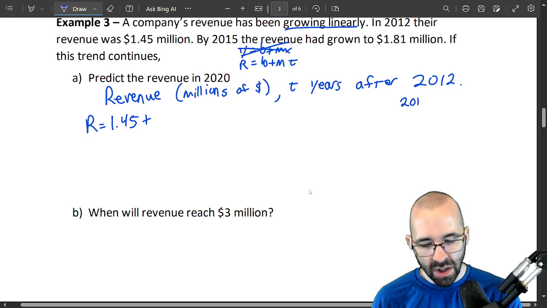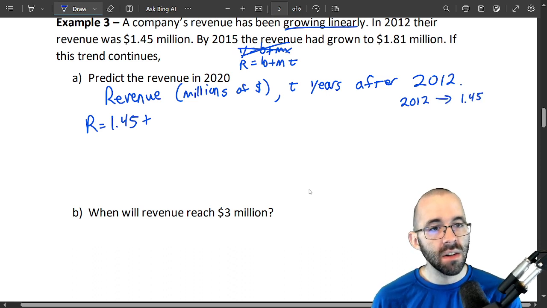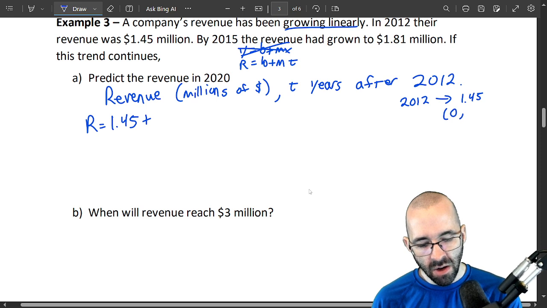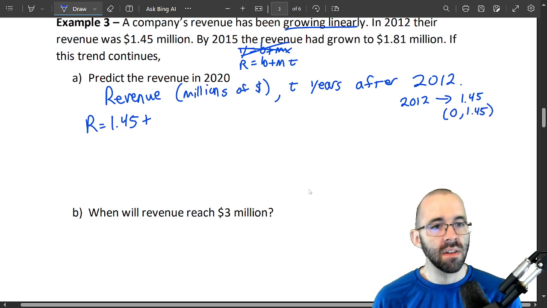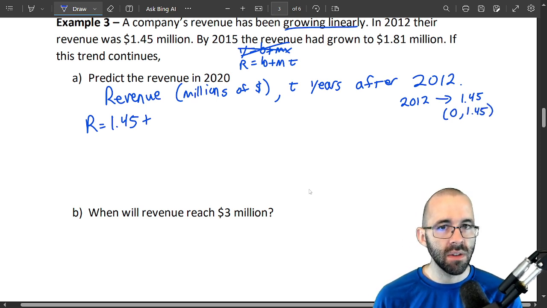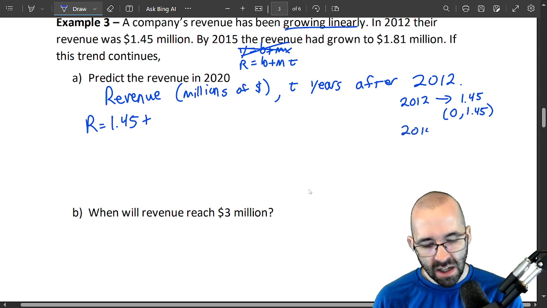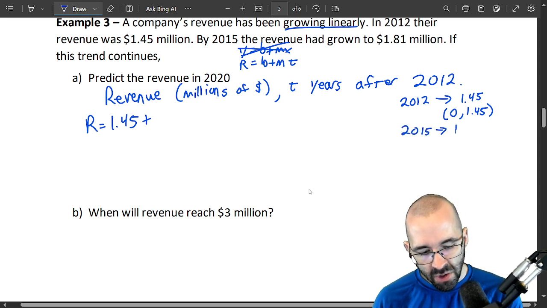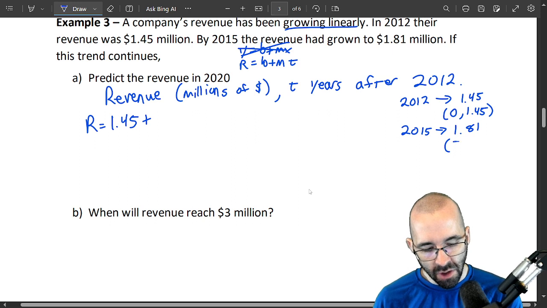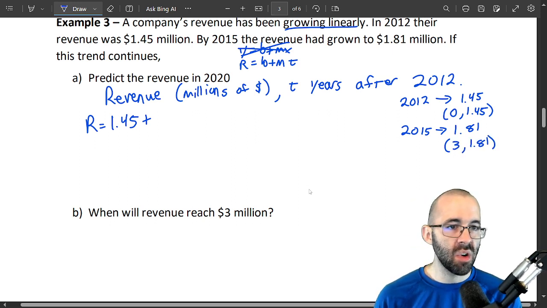Right? 2012, revenue was 1.45 million. That's the point (0, 1.45), 0 years after 2012. We know in 2015, the revenue was 1.81 million. So that's 3 years after the start, 1.81. We can use these 2 points to find the slope.